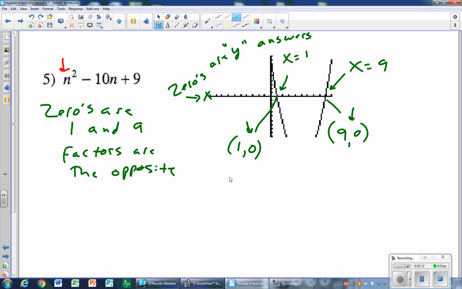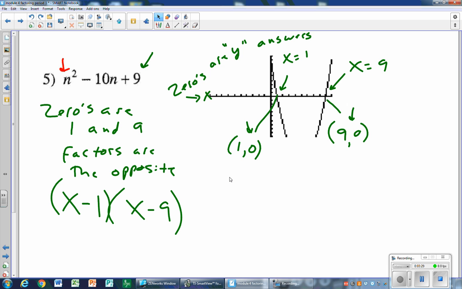So the opposite of 1 is negative 1. The opposite of 9 is negative 9. That's the factors. Notice that there's no equal sign here, so we can't solve it. The question was to factor it. Remember that factor means that we're going to show the equation in a multiplication form.